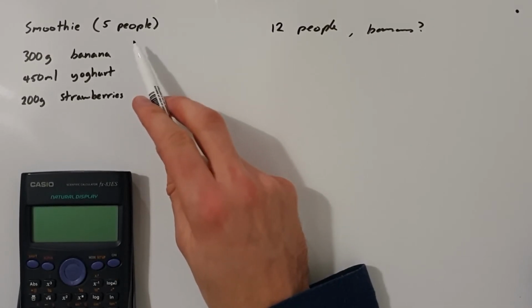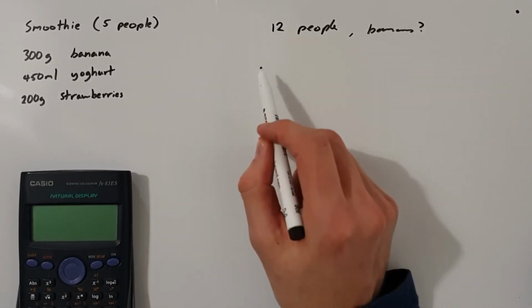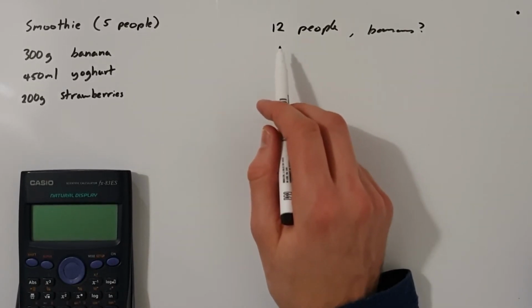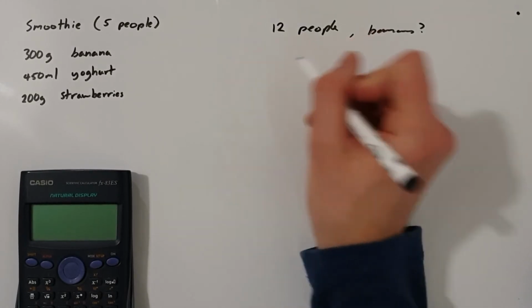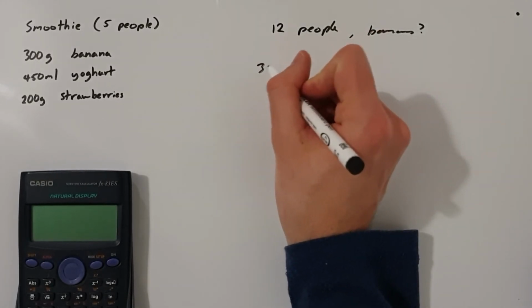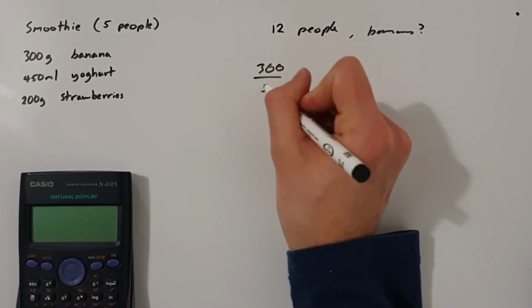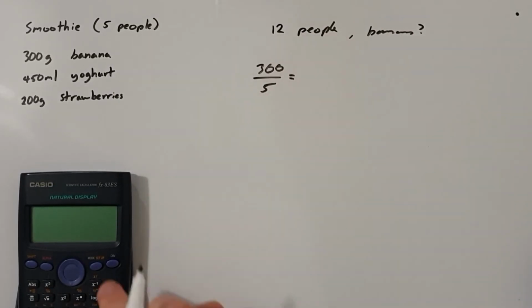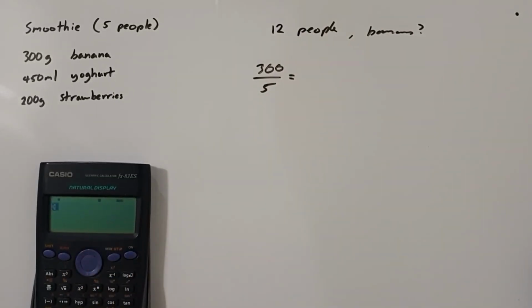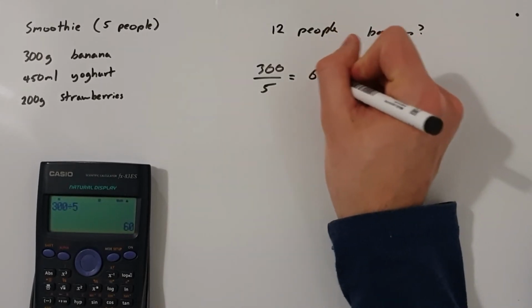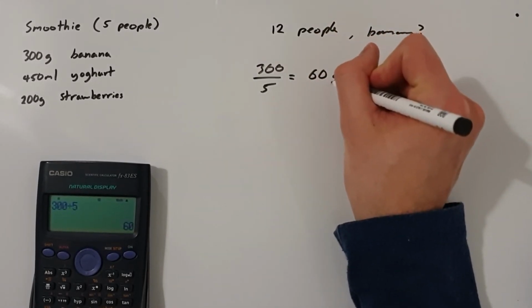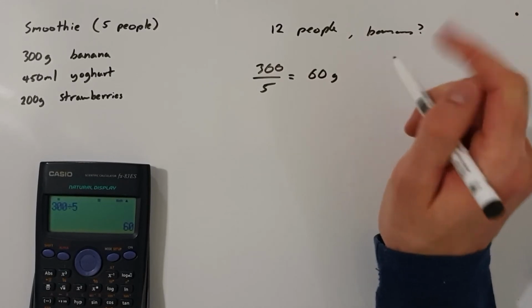We know that serves 5 people, so we want to divide this to find out how much we need for 1 person. We go 300 divided by 5. If we're unsure what that is, we can put that in our calculator. So 60 grams for 1 person.